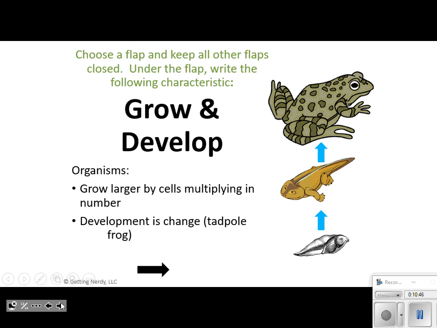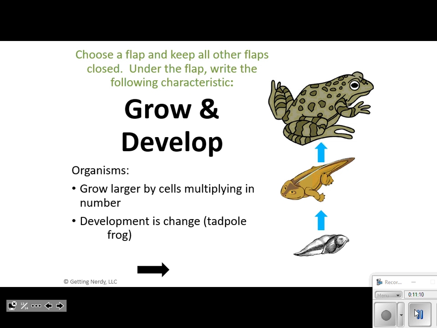So, another characteristic of living things is that they will grow and develop. Even us, we start out as a zygote. One cell.